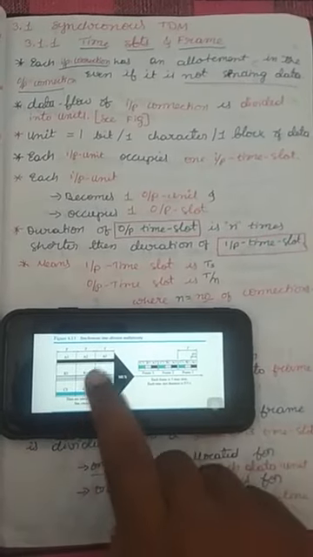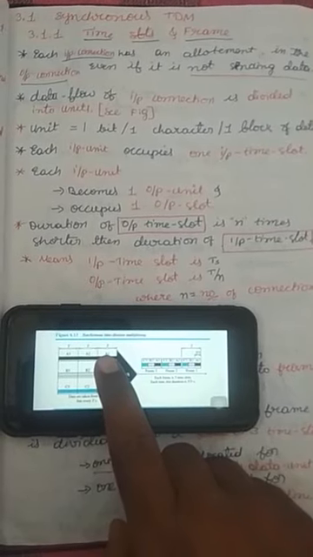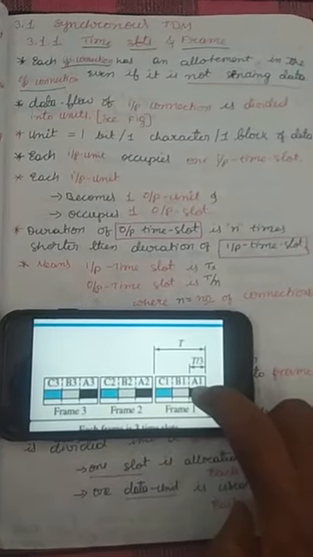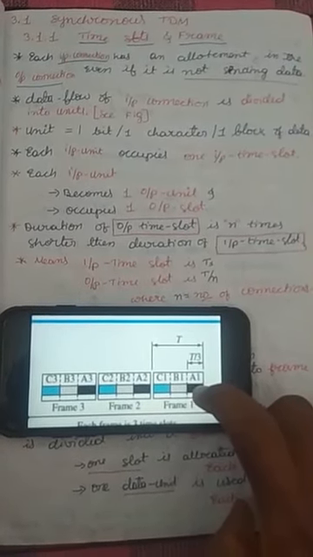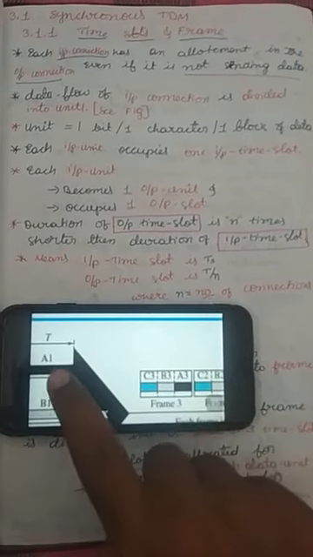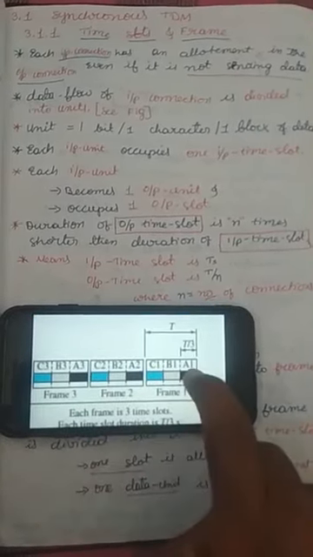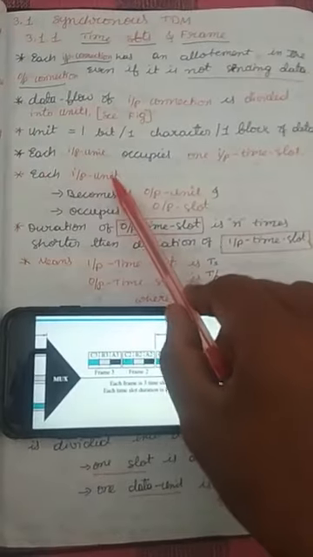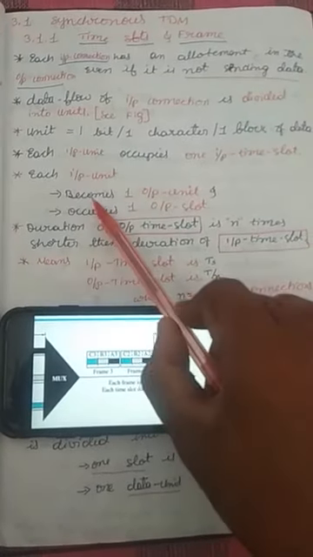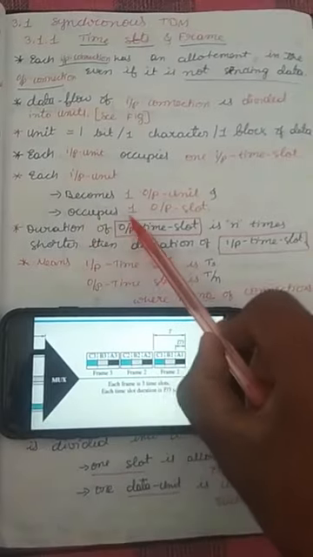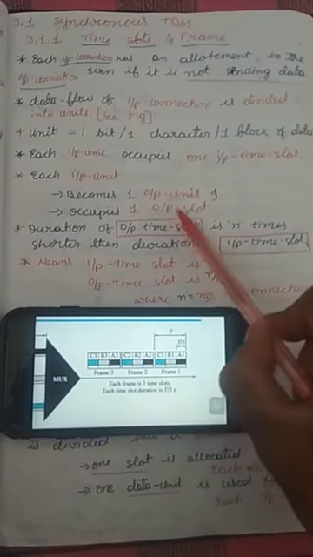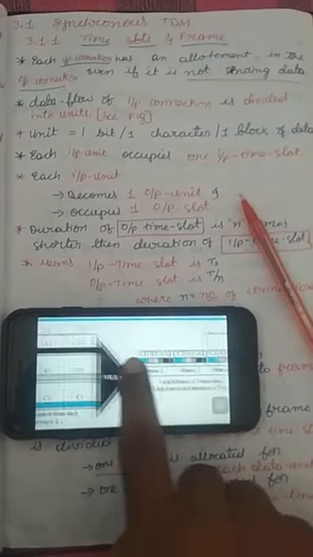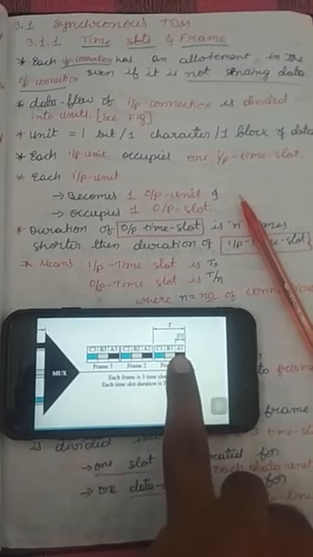Here A1 is 1 unit, and it occupies one input time slot, meaning this one unit will occupy one slot in the frame. Next, each input unit becomes one output unit and occupies one output slot. Here this one unit is going to occupy one output slot.